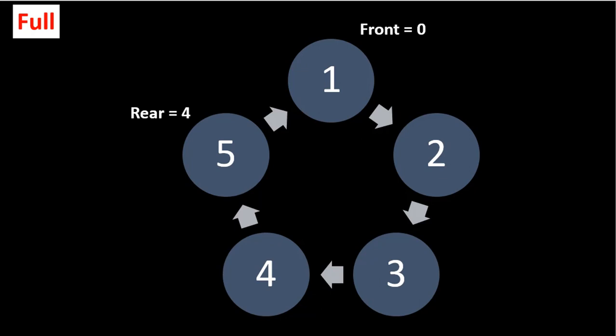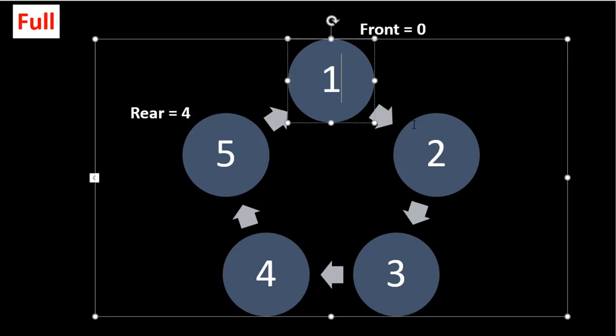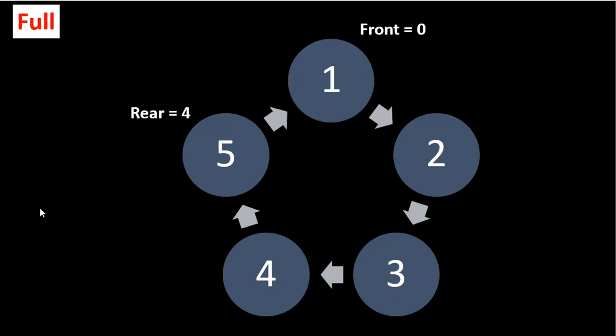So here is the full condition. For example, you can see that in the whole circular queue every portion of the array is filled with a value. So 1 2 3 4 and 5. We have 5 elements placed, so every index is filled with a value. That means there is no more place to insert a new one.